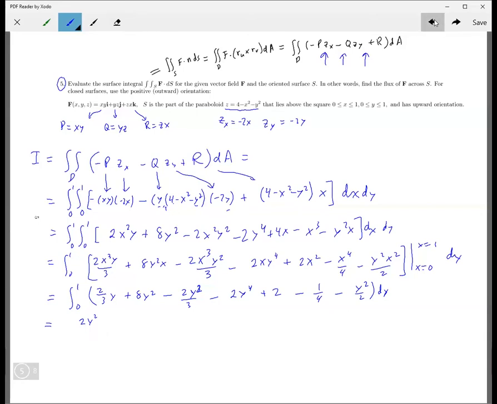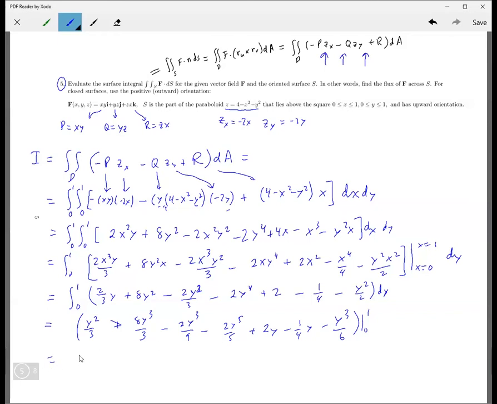Okay, so now we're integrating with respect to y, and that's going to be y squared over 3 plus 8y cubed over 3 minus 2y cubed over 9 minus 2y to the fifth over 5 plus 2y minus a fourth y minus y cubed over 6, right here from 0 to 1.